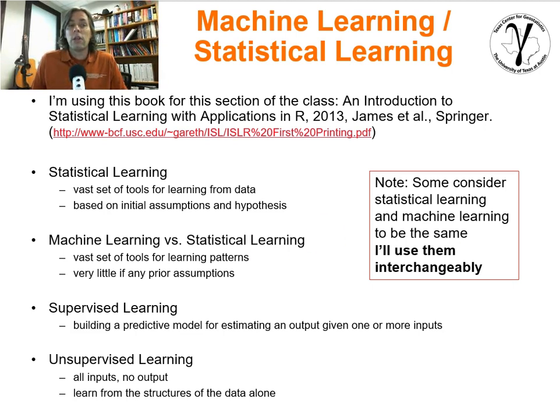Now, I want to make a note here that many consider statistical learning and machine learning to really be the same, and that this distinction between the definitions I just gave is held by some but not by all. And in fact, you'll notice that the book is an introduction to statistical learning, but it still covers many of what people would consider to be standard machine learning approaches.